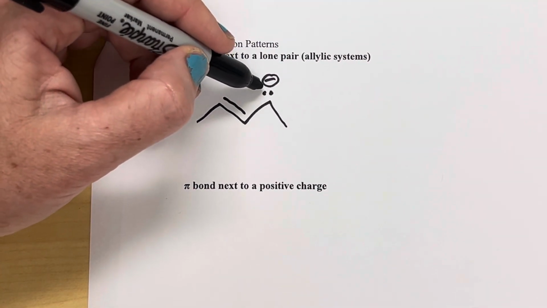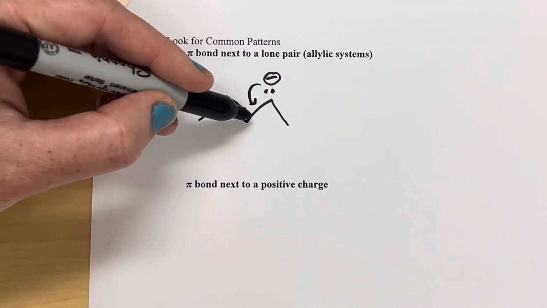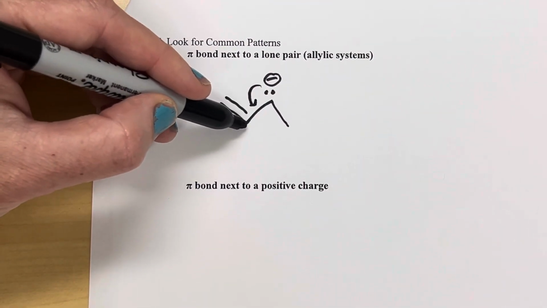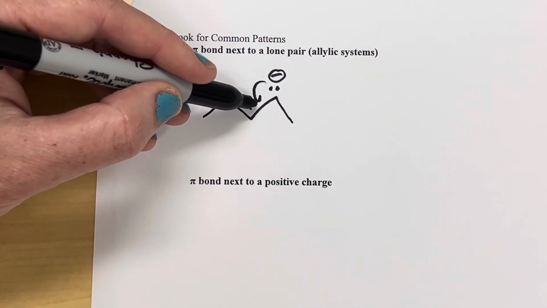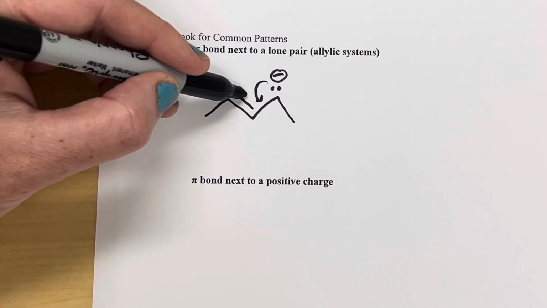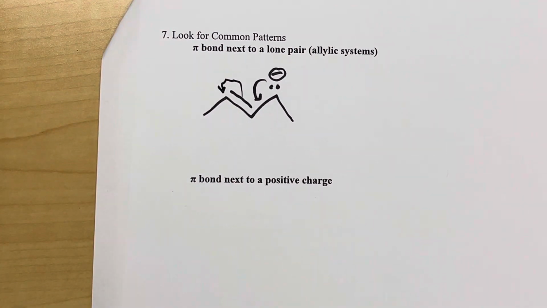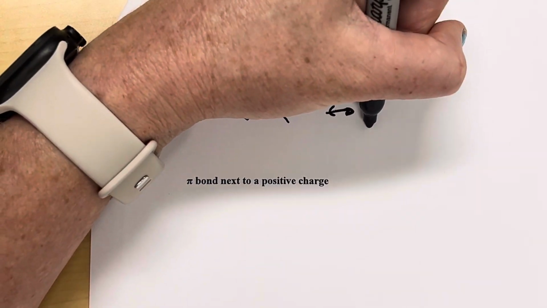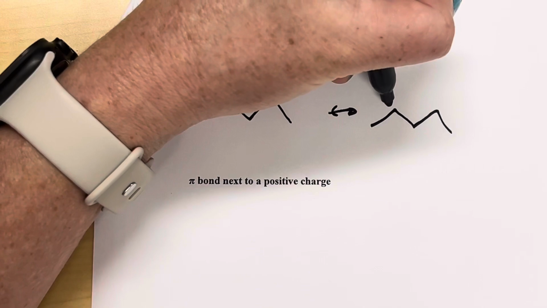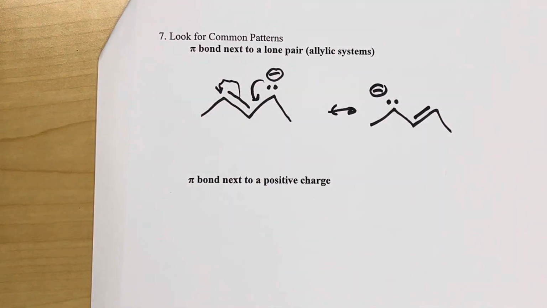These electrons can pop down here. But now we have a carbon right here, and it can't have that many bonds. Don't forget there's a hydrogen on there that we don't see. So then these have to pop up and go onto that carbon. And so you'd get something like this, and then that double bond would now be there.